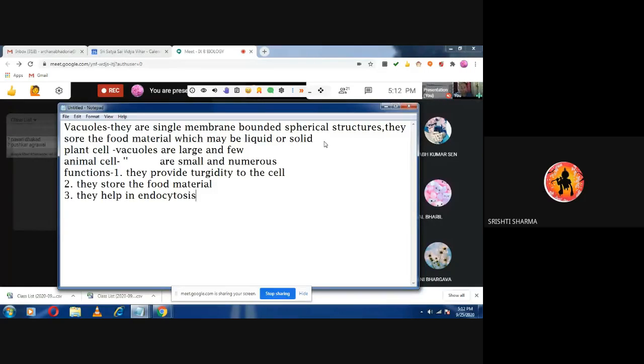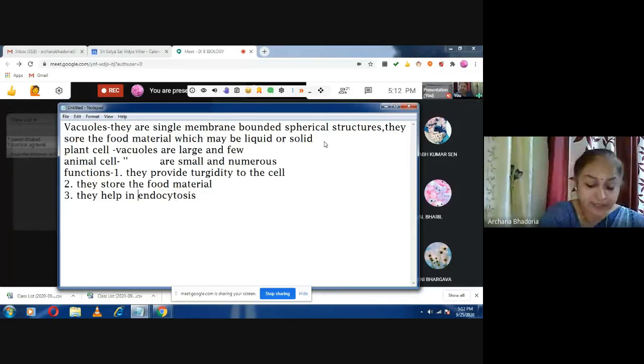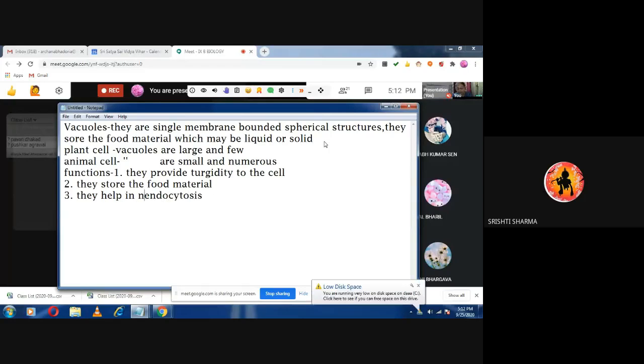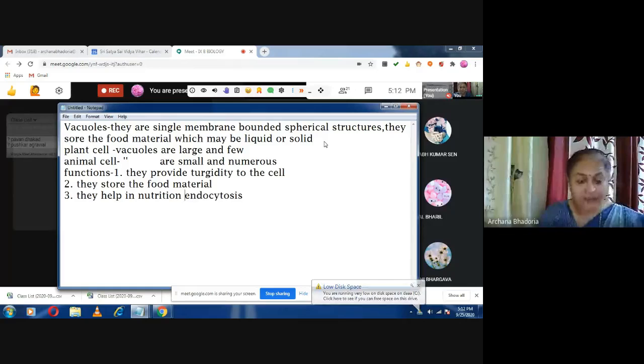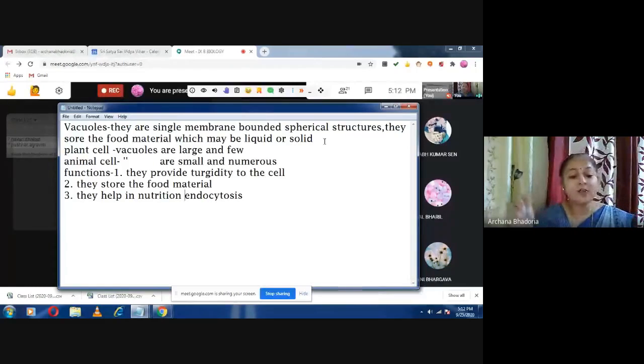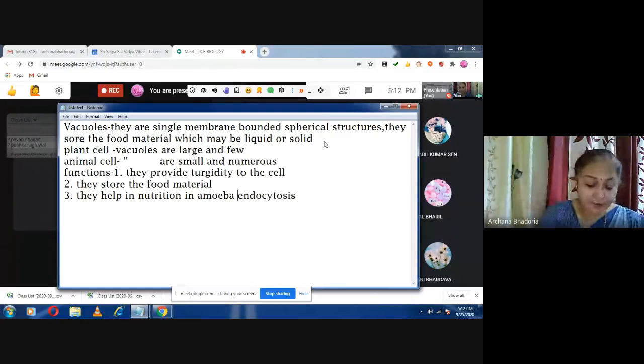You can clarify, how do they help in endocytosis? Because after the food is enclosed inside the membrane, it goes inside the cell. So it is helping in nutrition in amoeba. And what is that process?